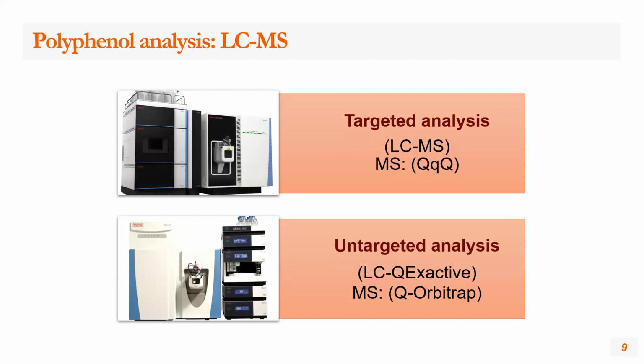So after talking about the liquid chromatography and mass spectrometry, let's talk about how to use this sophisticated tool for analysis. There are different approaches. We can use this tool for targeted analysis to quantify the compounds. So if we have standards, we can just quantify them. We have the standards injected and the samples injected, and we just compare the standards to the samples, know the retention times and do the peak integration.